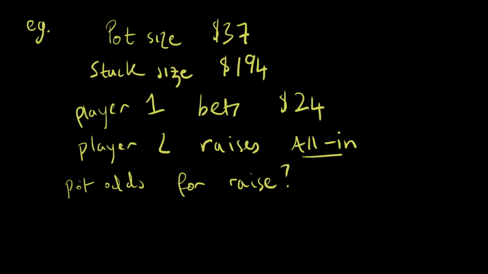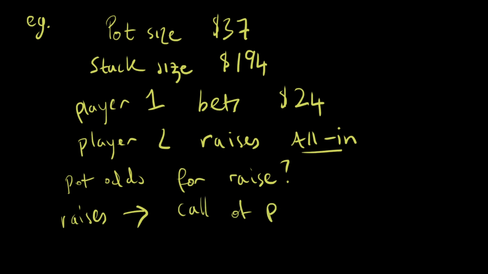In order to calculate the pot odds for the raise component of this bet, with all raises, you can think of a raise as the call of the previous bet, and this helps us with our math. So the raise is the call of the previous bet plus an additional bet.